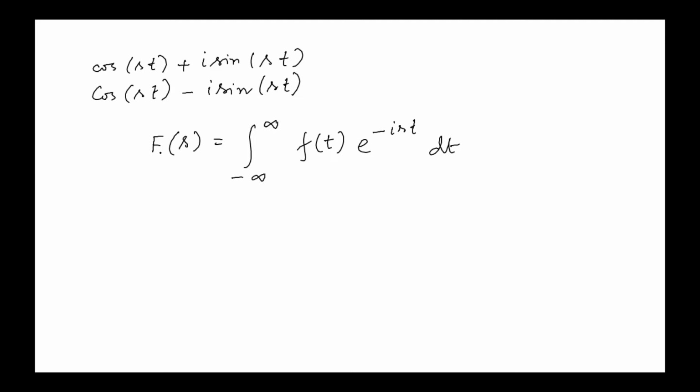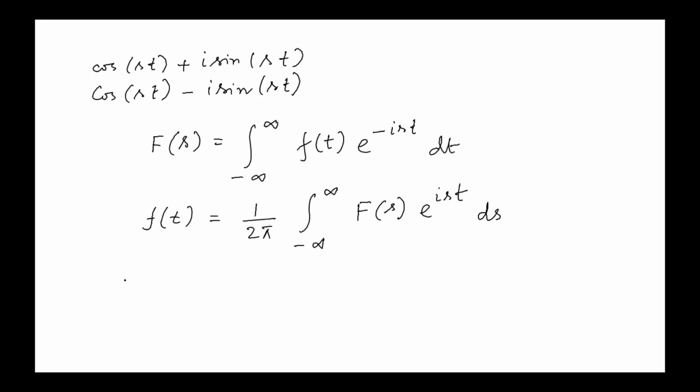For this definition of the Fourier transform, the inverse Fourier transform will be f(t) equals 1 by 2 pi integration from minus infinity to infinity F(s) e to the power i st, mark here it is positive, ds.